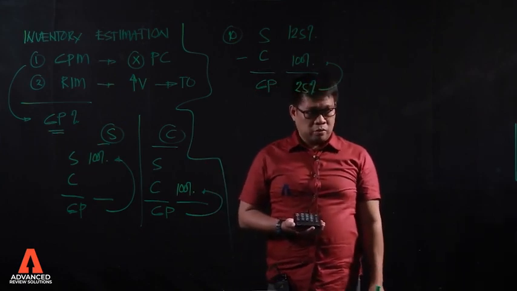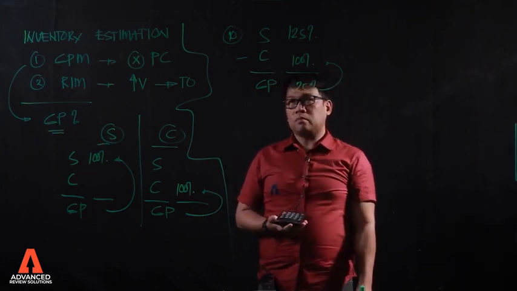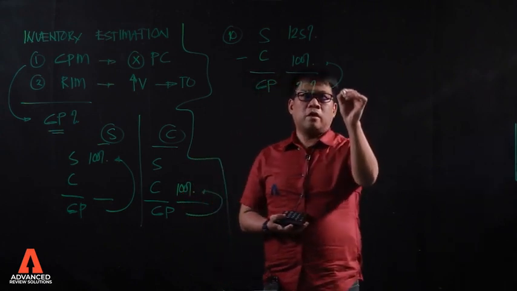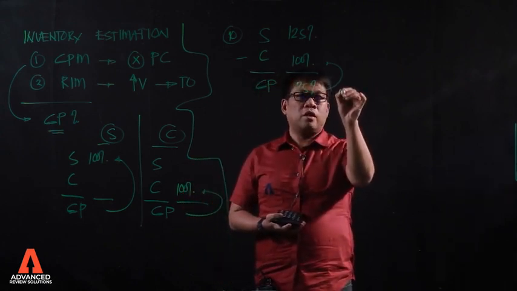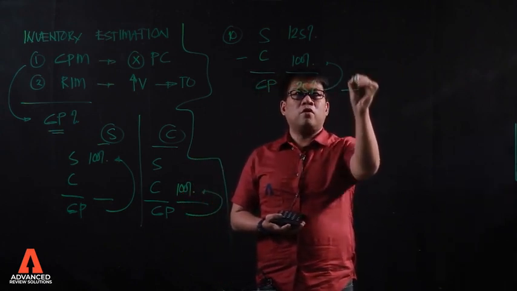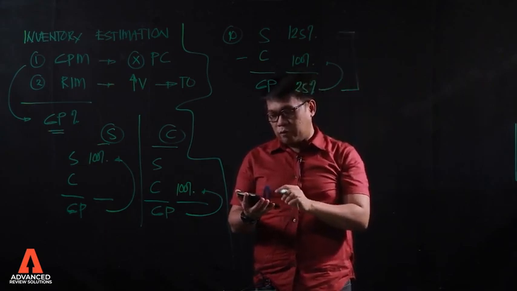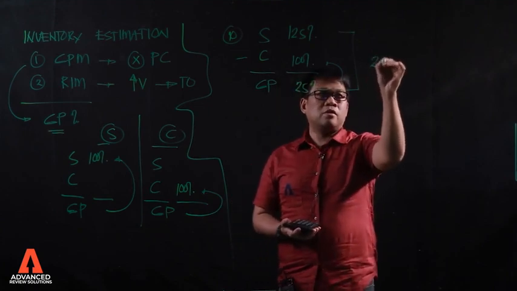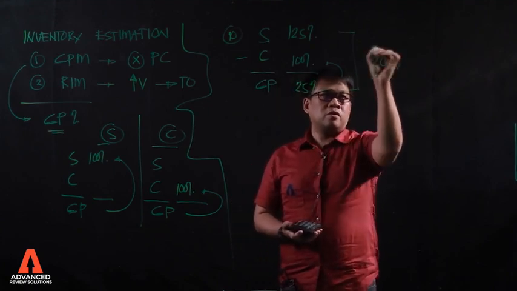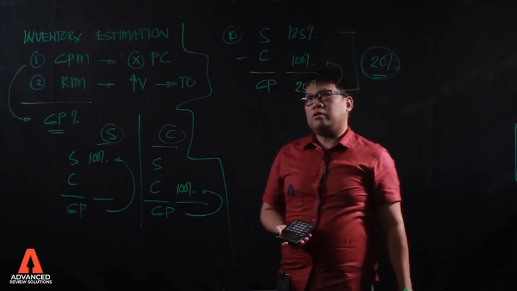So the question asks us to compute for the gross profit rate based on sales. So this is 25 over 125. So 25 over 125 is what? So the answer is 20%. So this is the gross profit rate based on sales.